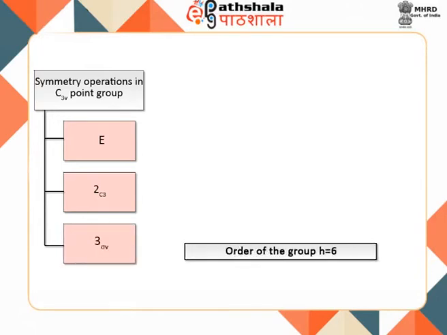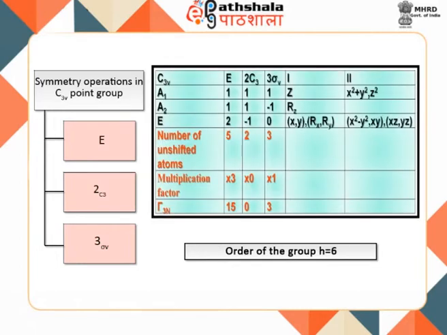Thus, the order of the group h equals 6. The character table of the C3v point group together with tau 3n is as shown.